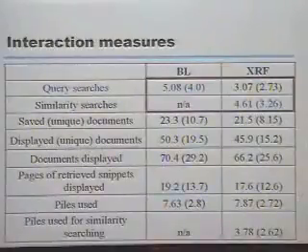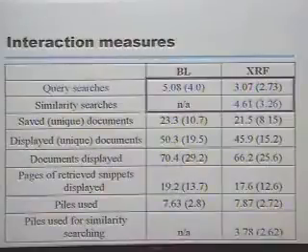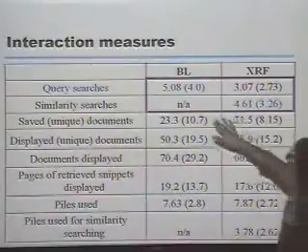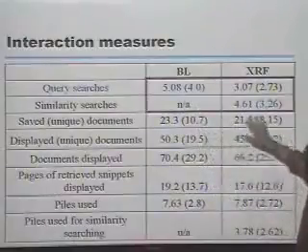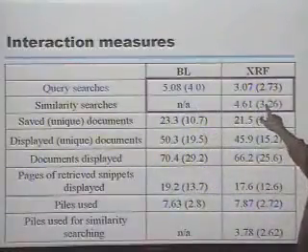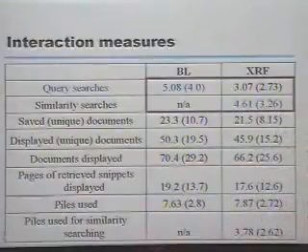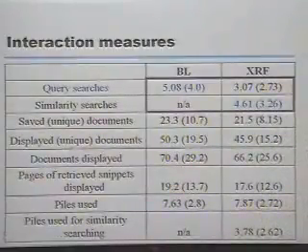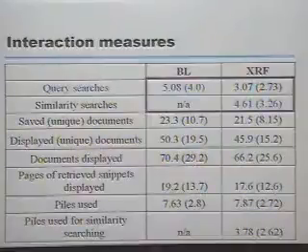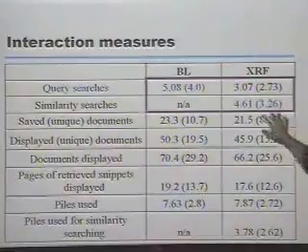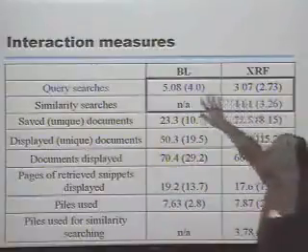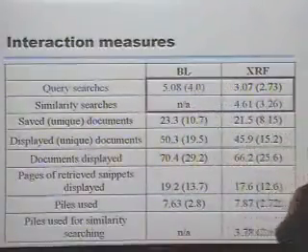They didn't have a similarity search available, so the only way they could do new searches was through issuing a query. Obviously, there were no similarity searches available here, but on the XRF system, on average, they did about 4.61 similarity searches. So I would conclude from this that effectively they did about 7.5 queries here versus 5 here.